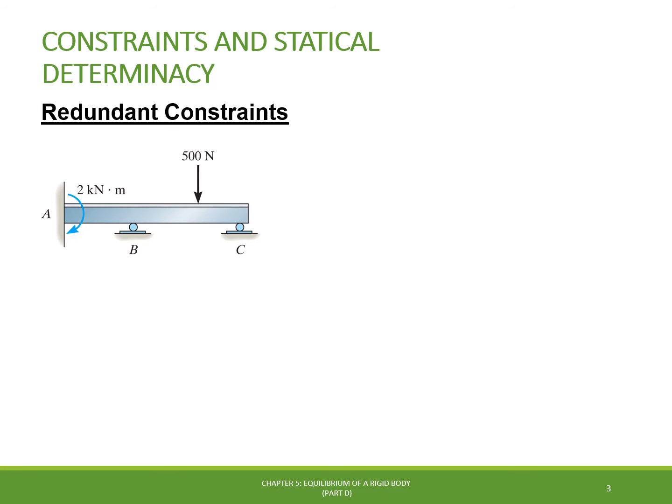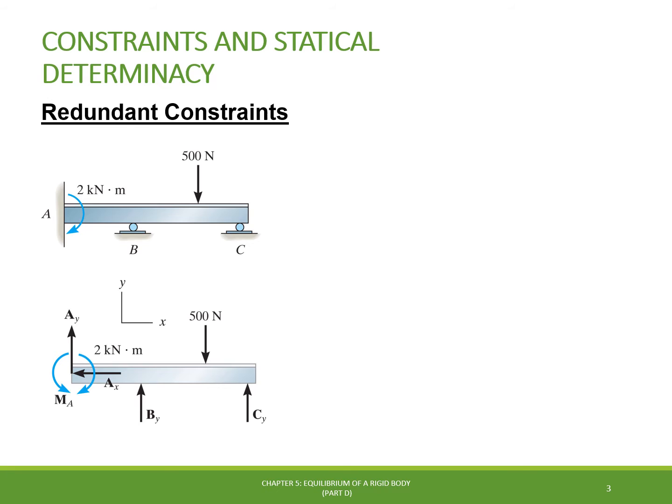Let's take the 2D beam here as an example, in which we have three supports at A, B, and C. If we draw the free body diagram for this beam, we know that the three supports will generate 5 unknown reactions: MA, AX, AY, BY, and CY. However, only 3 equilibrium equations can be written for this beam.